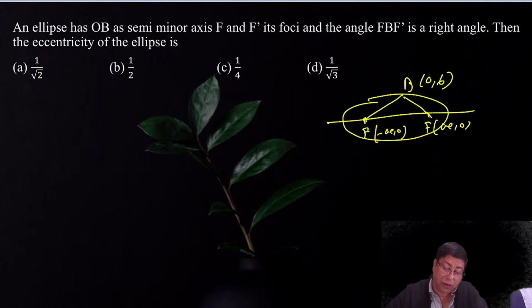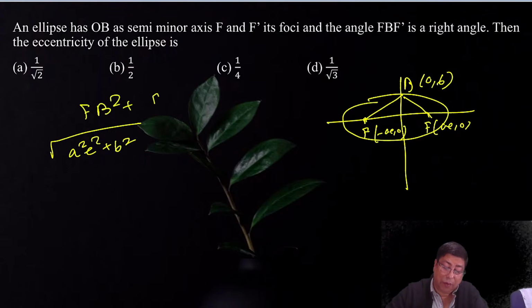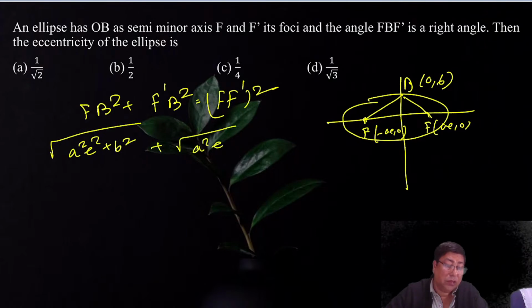FB square plus F dash B square equal to F dash F square. So we can write root over A square E square plus B square, squared, plus the same, equal to the distance between the foci 2AE whole square.